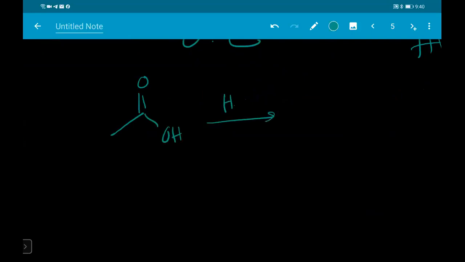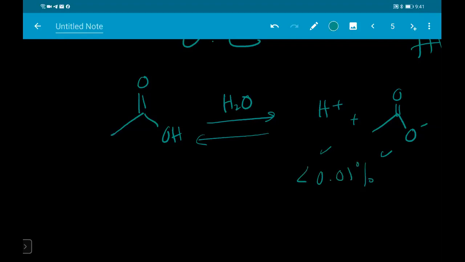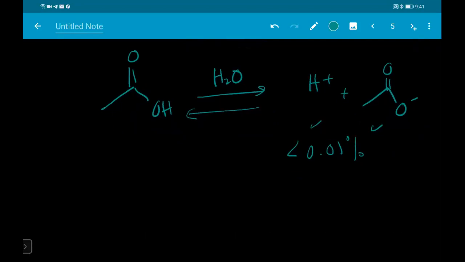If we add water to it, the H here will become H+, and the rest will become CH3COO negative. However, the reaction is not very stable, and the H+ and the anion will combine back into ethanoic acid. That's why whenever you check for the H+ content, kandungan dia kurang daripada 0.01%. Very little dissociation of H+.